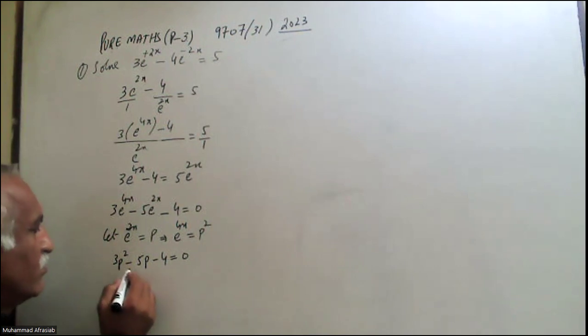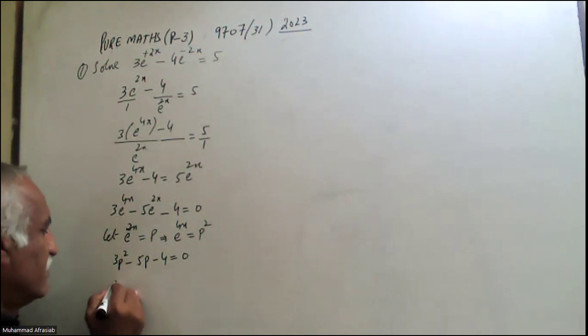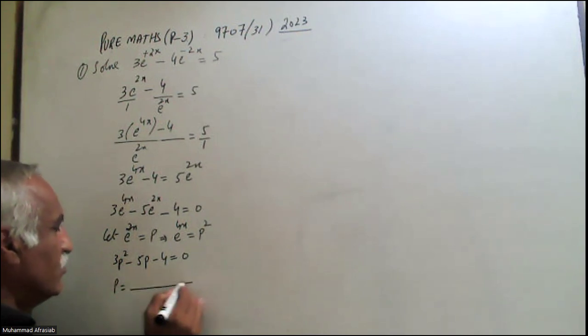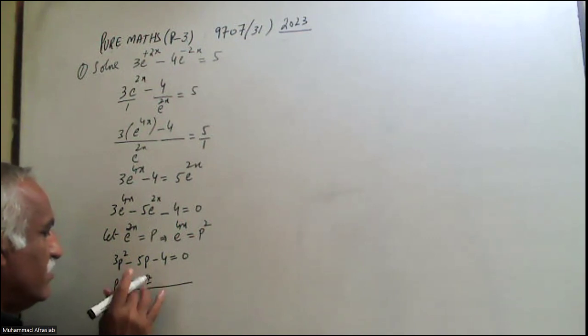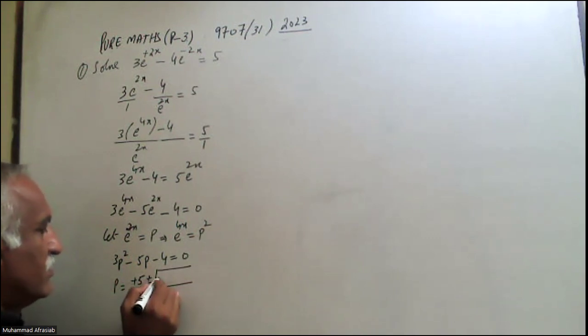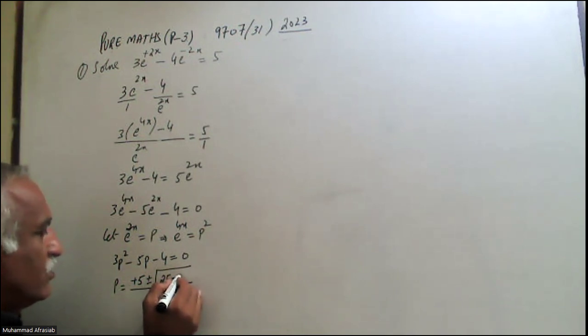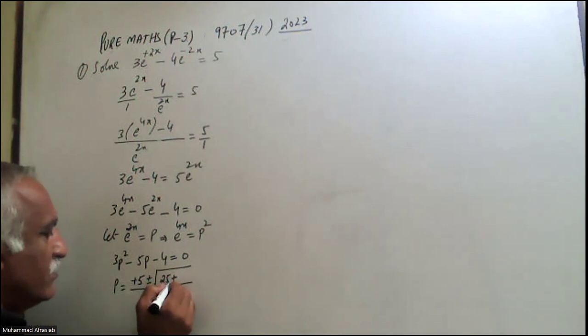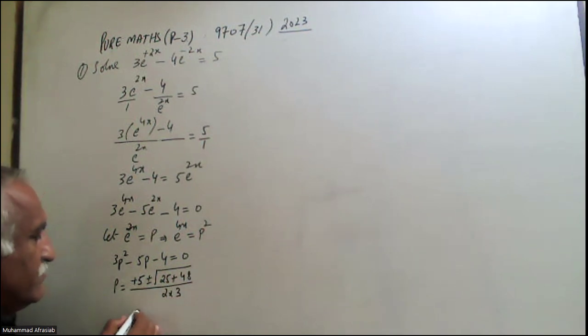Then we can use the quadratic formula there, where p is equal to minus (minus 5) plus minus the square root of 5 squared, 25, minus 4 into 3 into minus 4, which is 48, over 2 into 3.